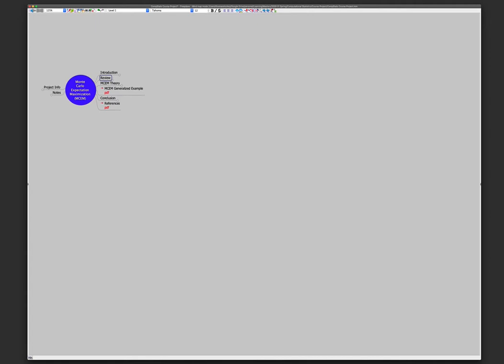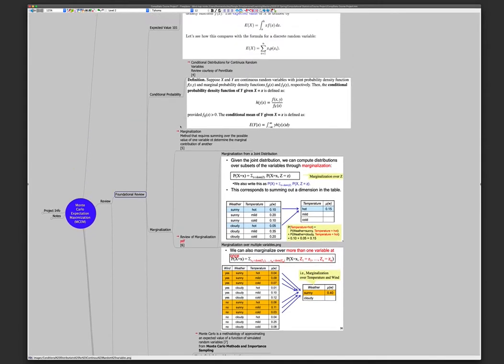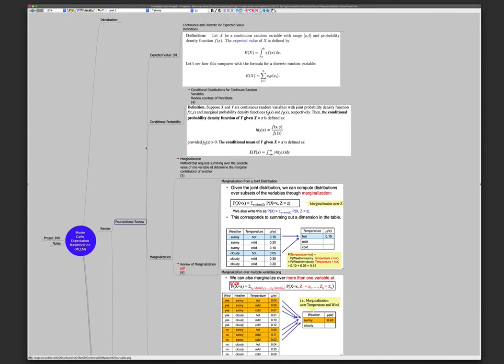So let's do a review of some of the core technologies that are involved. Honestly, a lot of this was just to help me keep level set in my mind of what we're really trying to do. I've got here notes on expected value 101, just basic things with respect to a continuous distribution versus a discrete distribution and what that means.